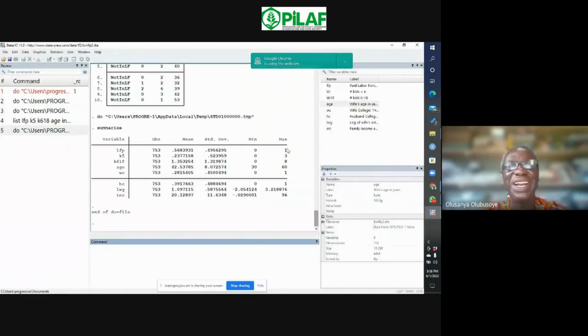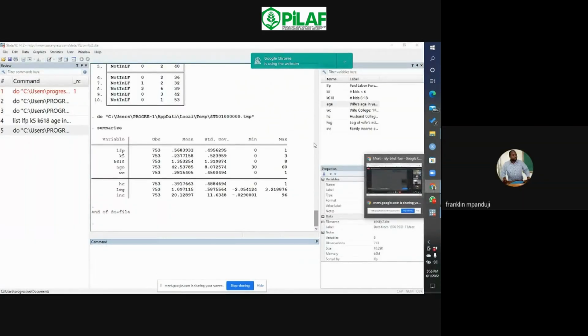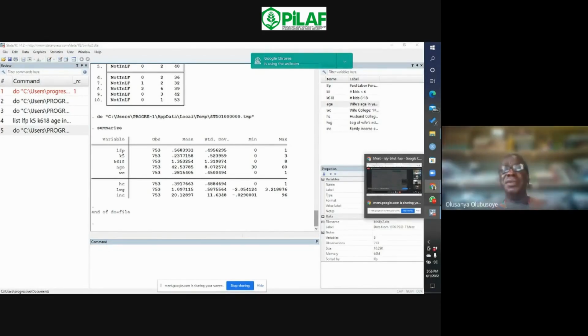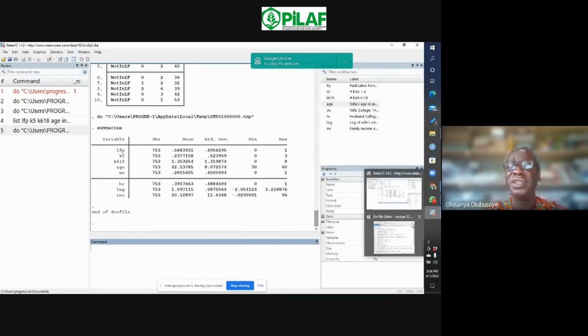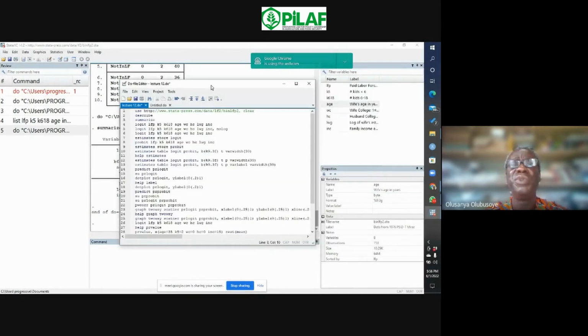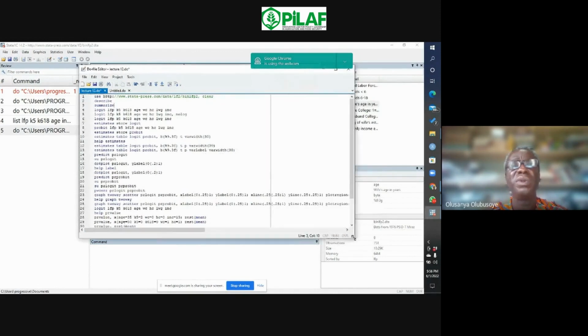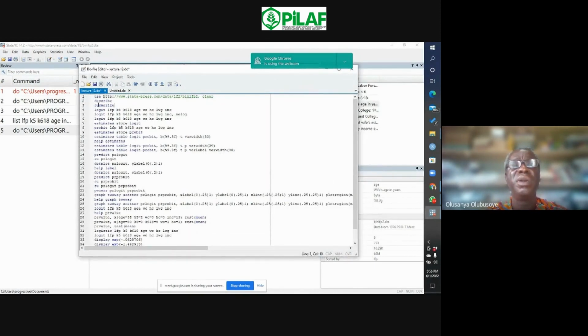So let's go back. The model, we can now go and estimate the model. So I hope you are able to see it.